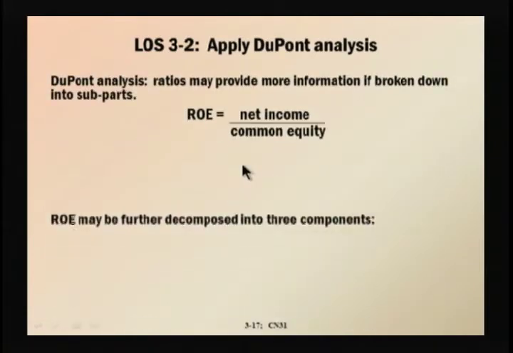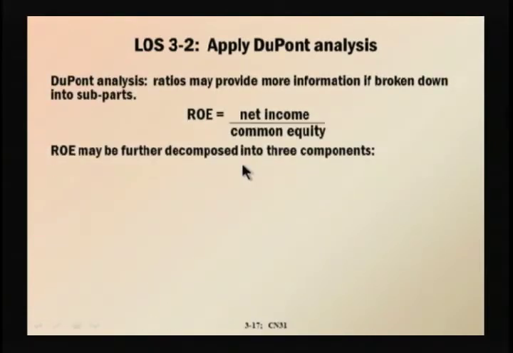Now, DuPont analysis is another way to look at that return on equity ratio. Arguably, ROE is a pretty valuable ratio as far as the book value ratios go, because this is telling us what kind of return, granted it's book return, net income, not market return as far as stock price appreciation or dividends.